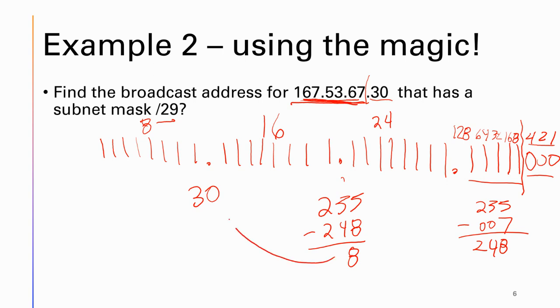So the question now is: how many times does 8 go into 30? What you can do is go like this: 8 plus 8 is 16, plus another 8 is 24, and then another 8: 25, 26, 27, 28, 29, 30, 31, 32.